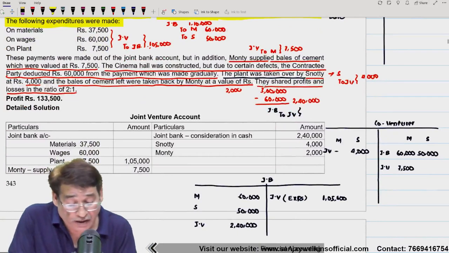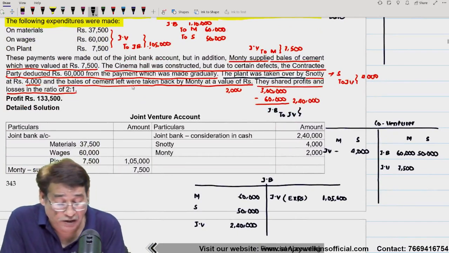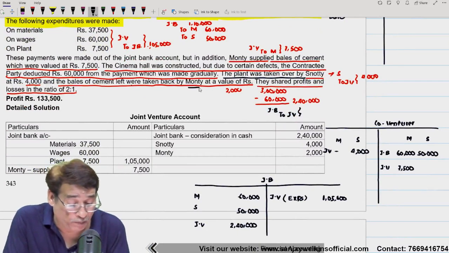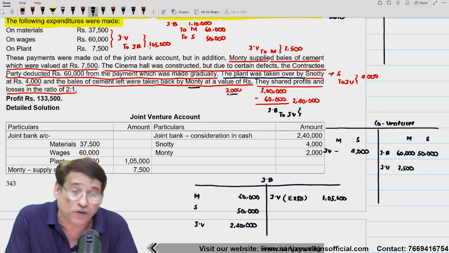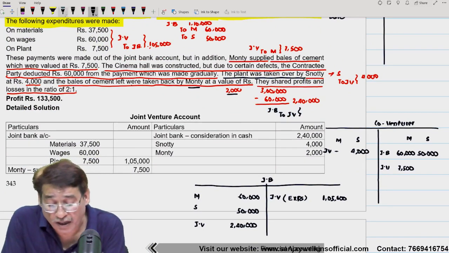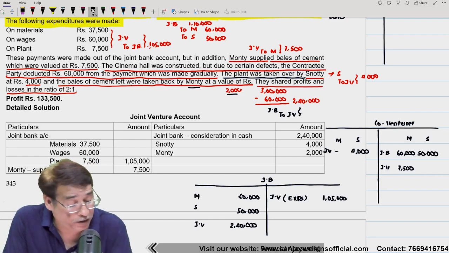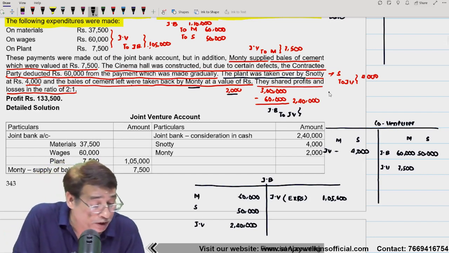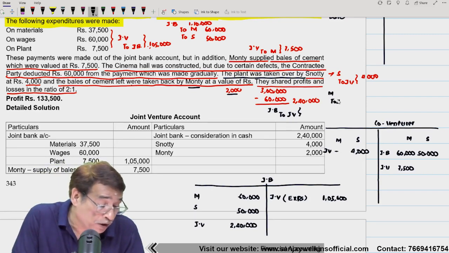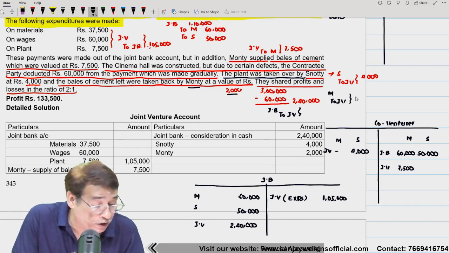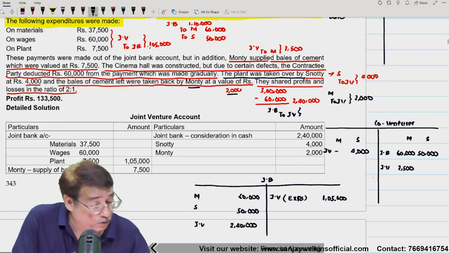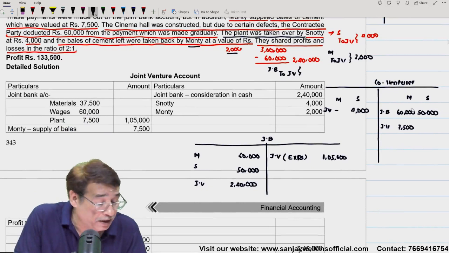Similarly, one more line is given that the bales of cement left were taken over by Monty at a value of rupees 2,000. So your entry in this particular case will be, because now Monty is taking over, Monty account debit to joint venture account, and Monty is taking over leftover cement bales for rupees 2,000. So Monty account is getting debited.